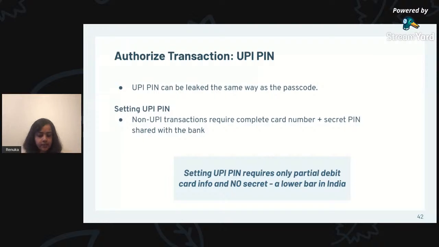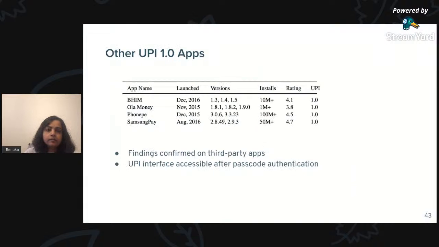But in India, it's pretty common to hand out debit cards, so it's not difficult to get the printed information on the card. We did this on Beam first, on different versions of Beam.